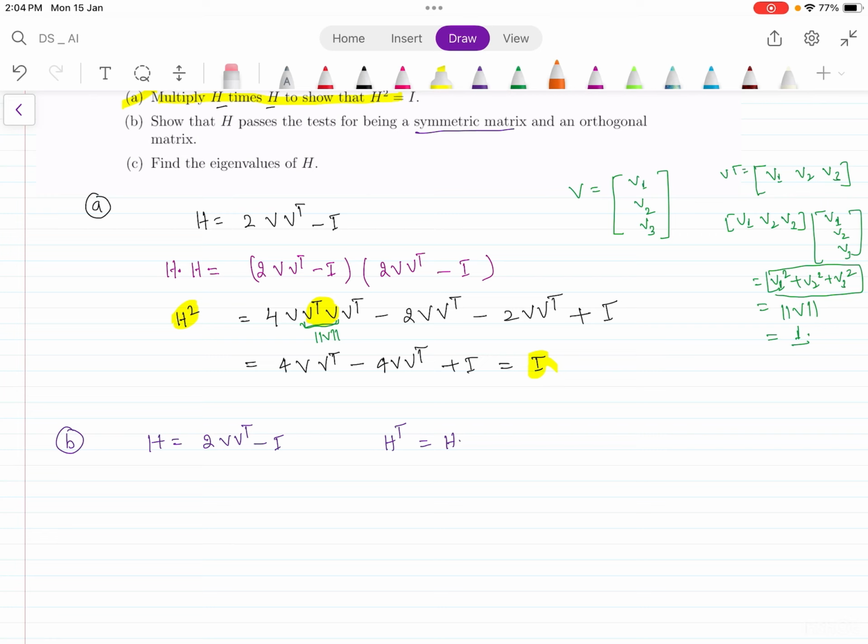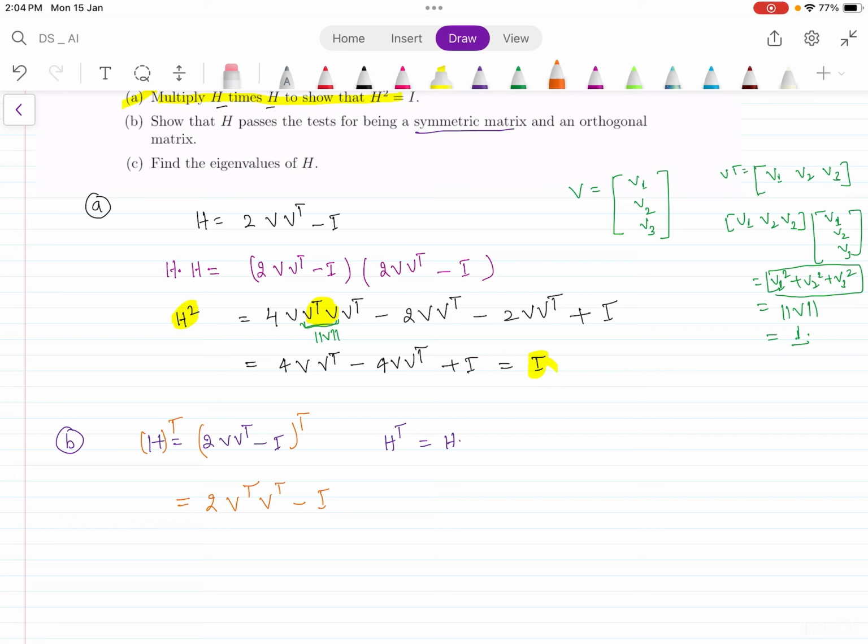Okay, now let's take the transpose of this. So transpose both sides. We can transpose individually, right? So that will be 2 times the transpose of v v transpose, minus the transpose of I, and you will get the same I, right?